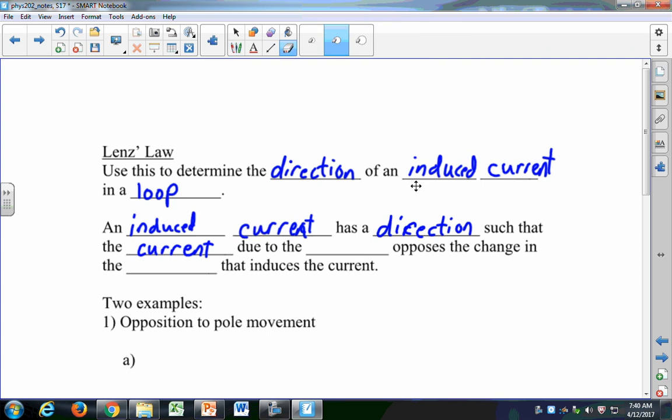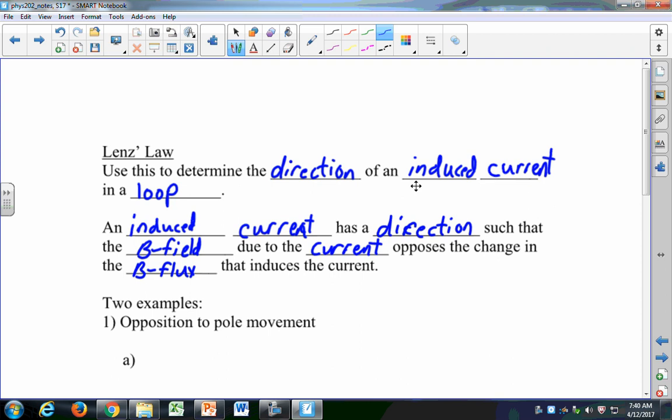I'm sorry, that the magnetic field due to the current opposes the change in the magnetic flux, or the B flux, that induces the current. That's a little wordy, and I'll go through some examples and show you exactly what that means.